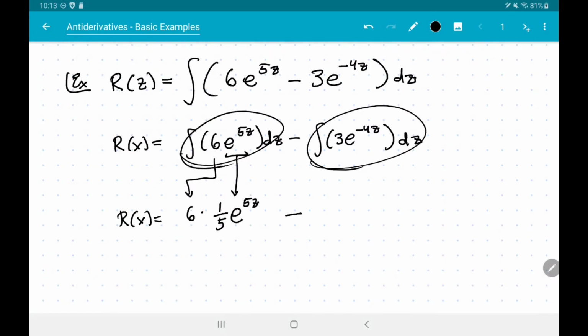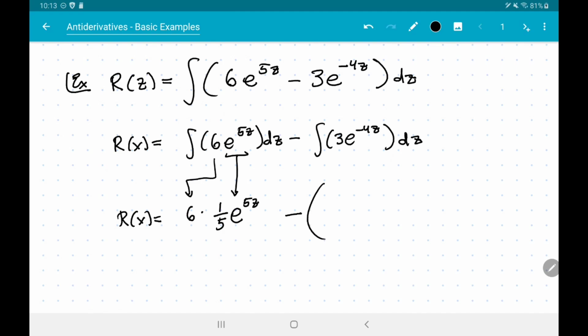It's just instead of a 6, we have a 3, and instead of a 5, we have a -4. So here we go. We keep the factor of 3, and then the antiderivative rule for e to the -4z would be 1 over -4 e to the -4z. And now I'll add a constant, plus c.